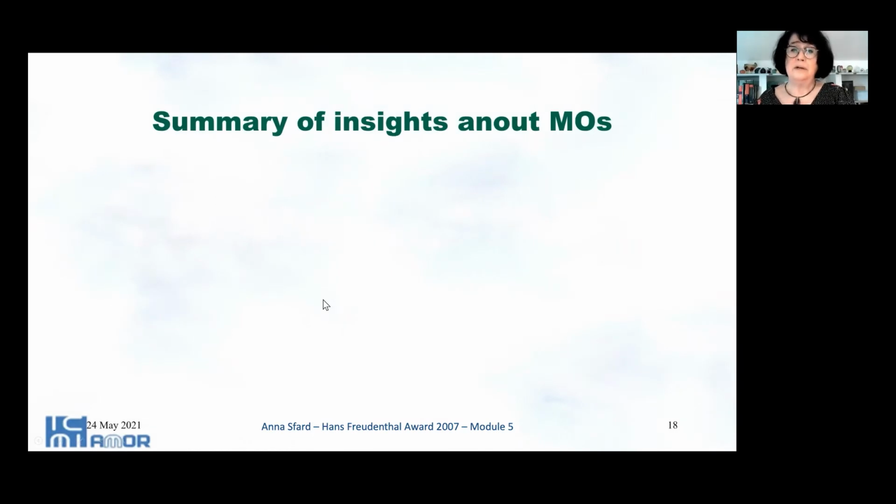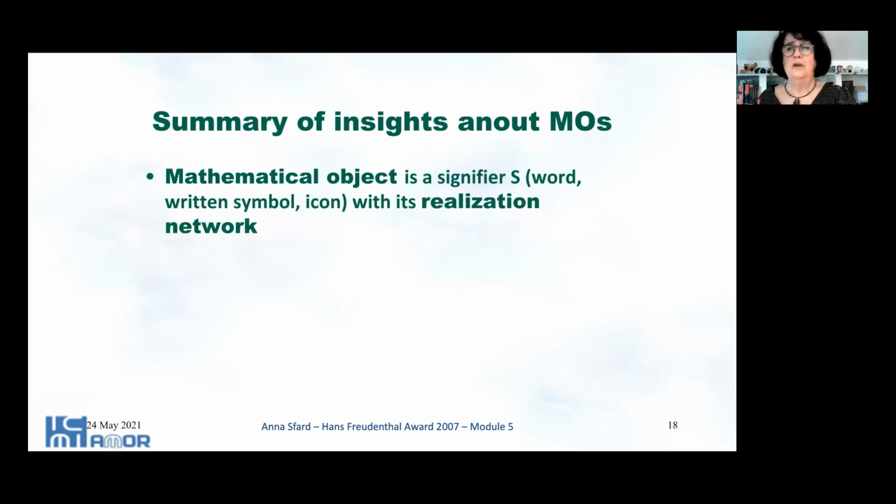Let me now summarize some of the insights so far about mathematical objects. First, from all that has been said, it follows that mathematical object can be defined as a signifier, such as word, written symbol, or icon, together with its realization network. We have just seen an example of such construct.